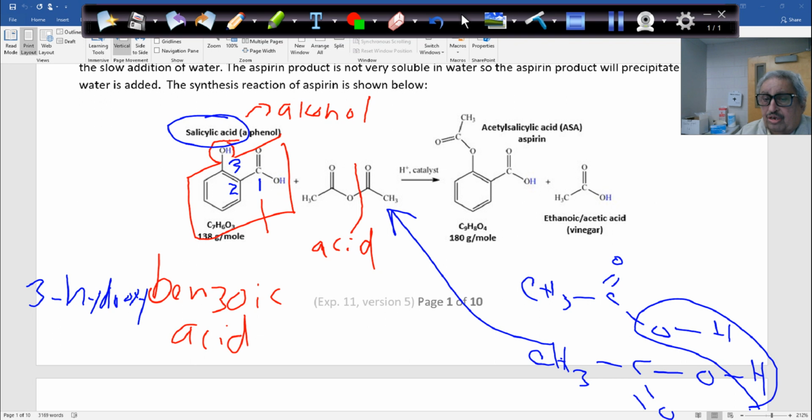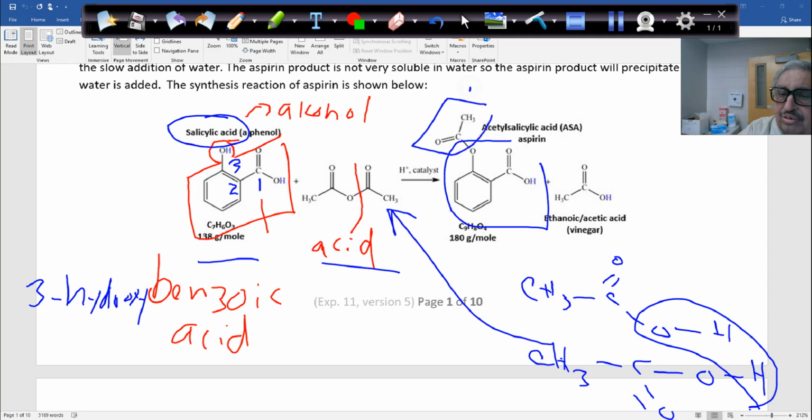Correct? So you let them react together. This is an acid, remember, this is an alcohol. You get an ester out of this, correct? An ester of salicylic acid, and this one here is the acetyl group. So the name of this now will be acetyl salicylic acid.